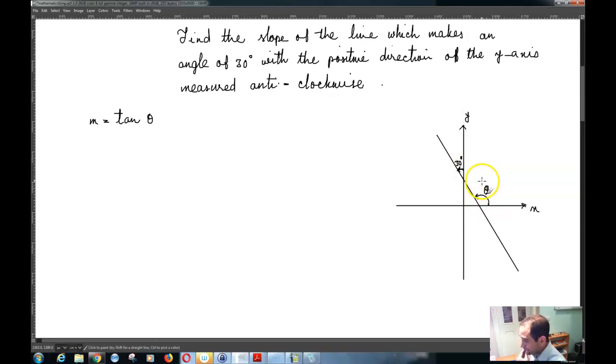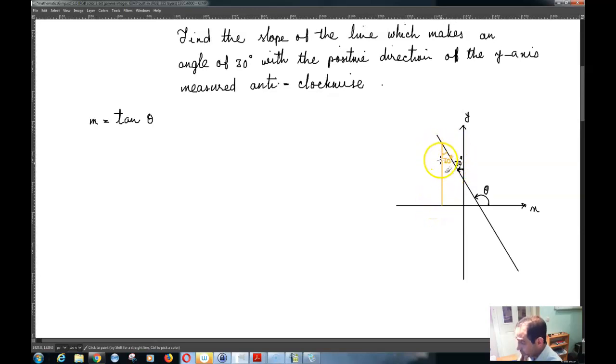In order to do that, you can drop a perpendicular somewhere from this line. Since these two lines are parallel, and this is a transversal, this angle is equal to this angle. So this would be a 30-degree angle.